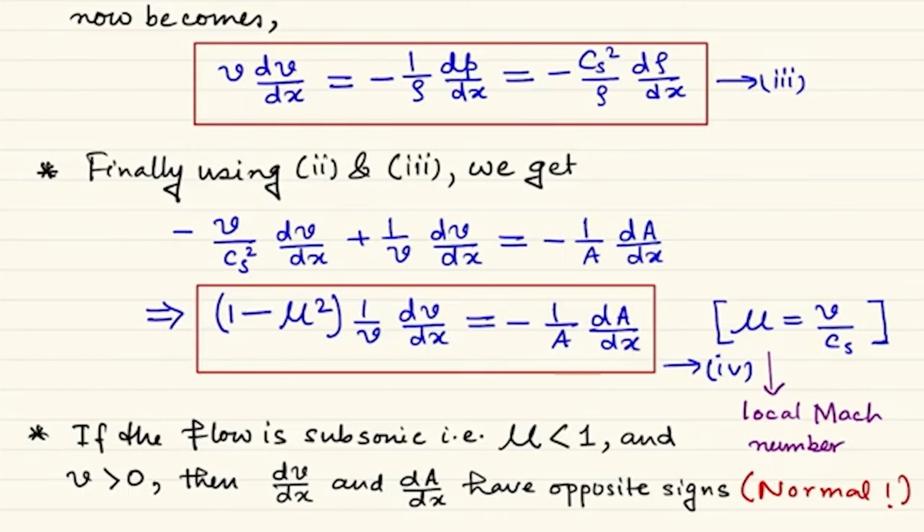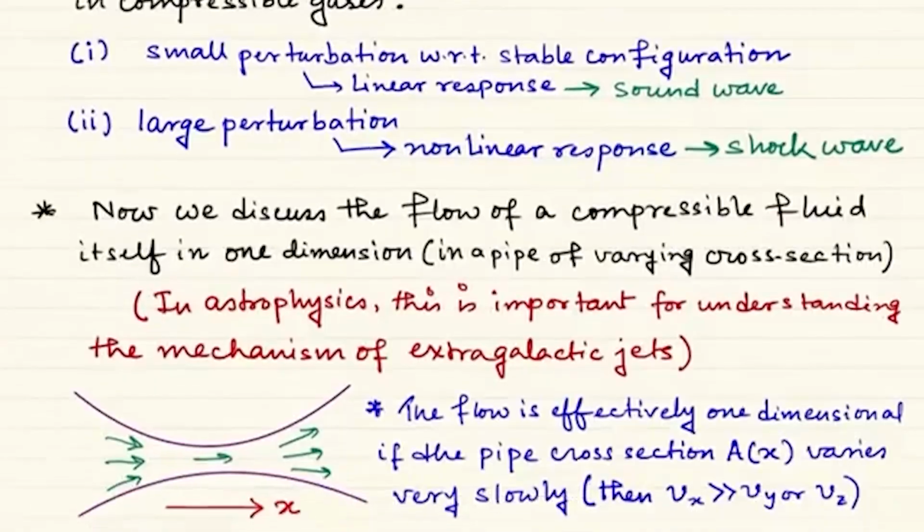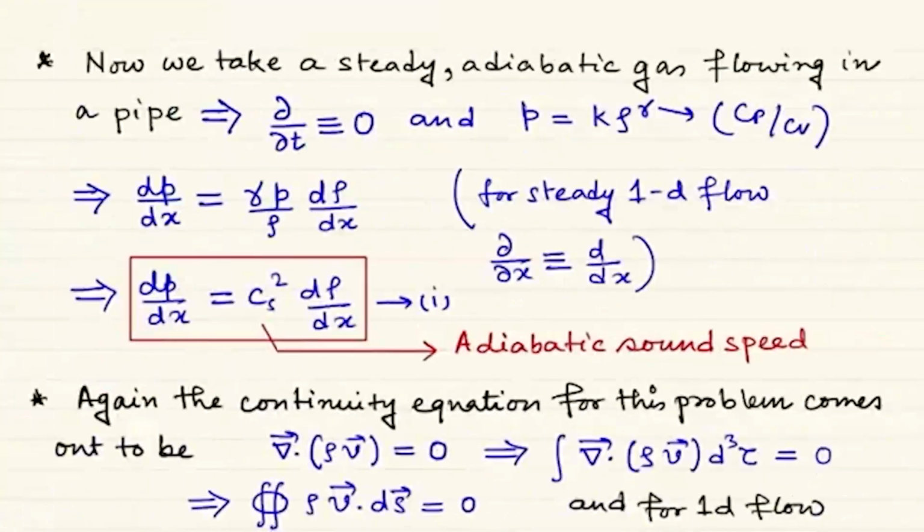Now remember, calling up the definition of subsonic and supersonic flows, if the flow is subsonic, v should be less than cs, so your Mach number will be less than 1. And if the fluid is mostly flowing along the x direction, then v or vx is greater than 0.